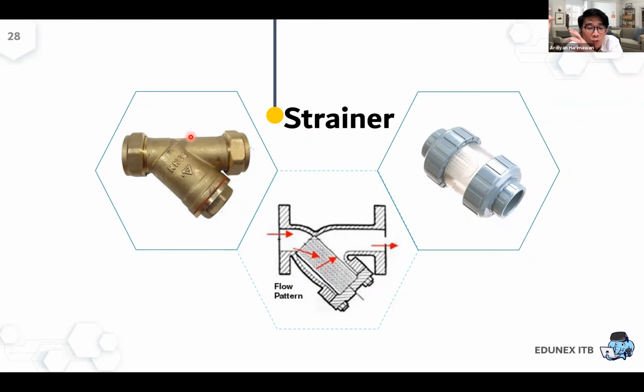So you don't want this solid to be carried over into the reactor or the pump. Then at certain positions, you can install a strainer, the filter. So when it flows, the solid particles will be retained in this filter. Then it will flow into the next pipeline system without the solid.